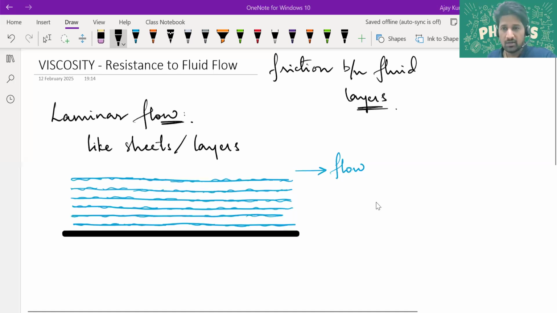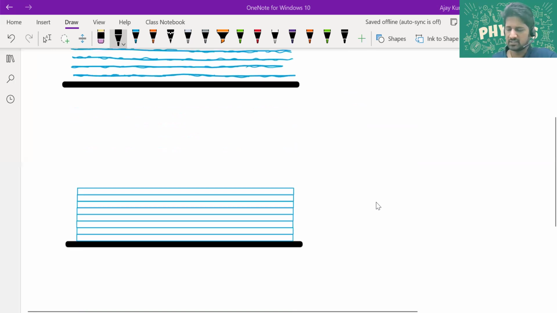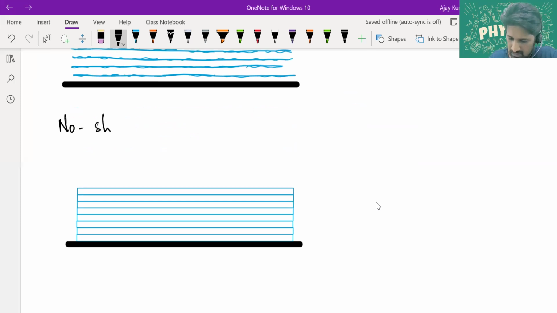Right. Along with laminar flow, there is another condition under which the equations we study are applicable. The other condition is the no slide condition or the boundary layer condition.